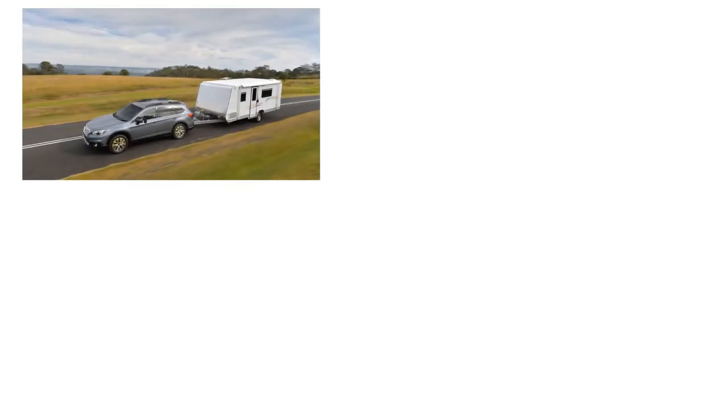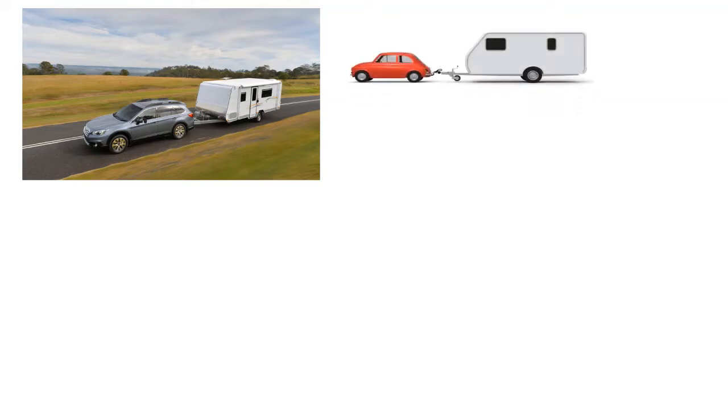Now observe this, children. What is this, children? What is happening? Yes, you're right. A car is pulling a van, right? Now, why is it pulling? What is inside this van, children?